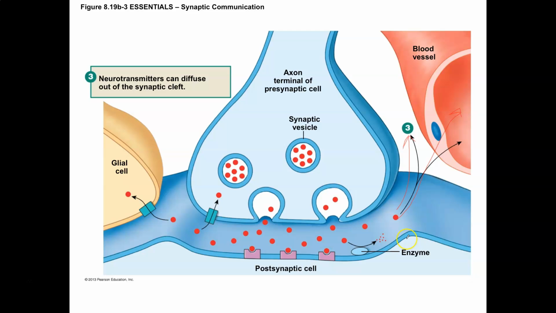So what we've looked at is electrical synapses and chemical synapses, and we've also looked at ways to turn off the chemical, either through reuptake of the neurotransmitter, enzymatic degradation of the neurotransmitter, or simply by diffusion away from the synaptic cleft. So I hope that helps.